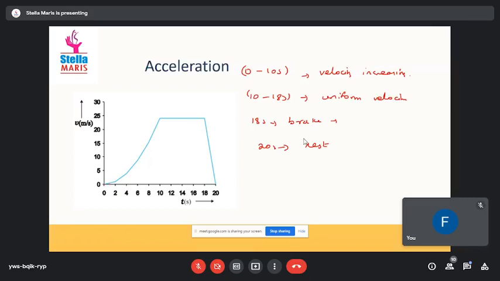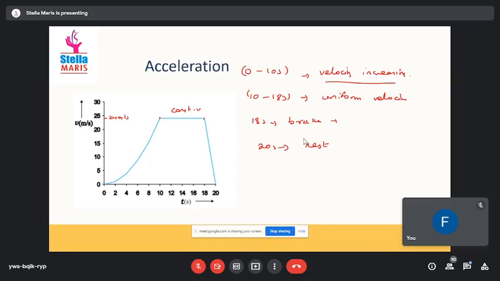So as you can see, from 0 to 10 seconds the body is moving with increasing velocity, and from 10 to 18 seconds it is moving with constant velocity. And here they say this velocity is nothing but 24 meter per second, okay.